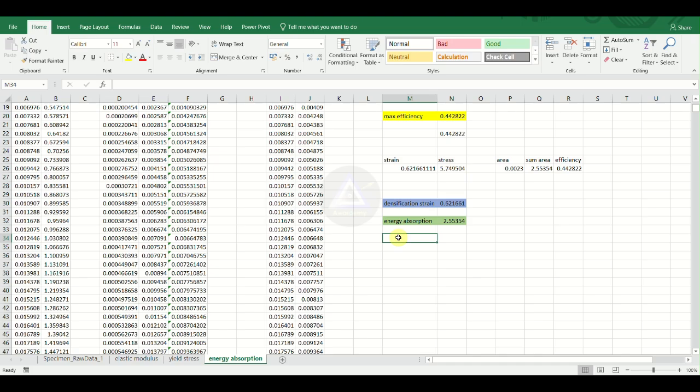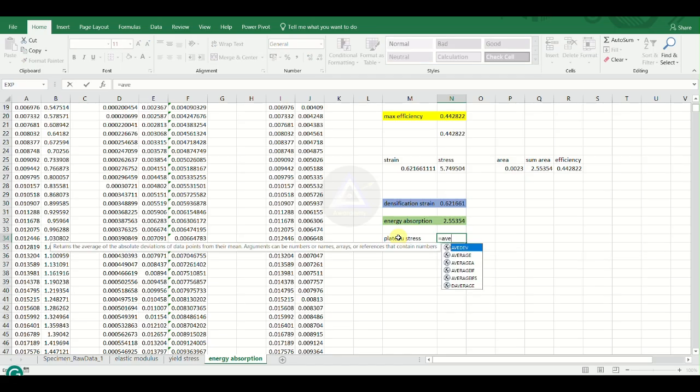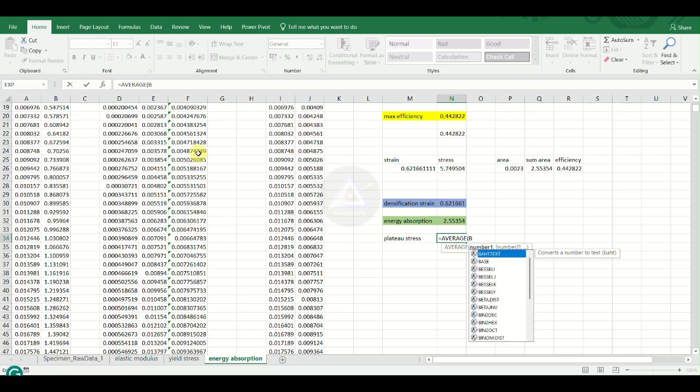Now we are going to measure the plateau stress in MPa. It is the average, so we can use the average function. Here it is the B column, B88, and the other row I think is 1600. We don't know, I will tell you exactly.